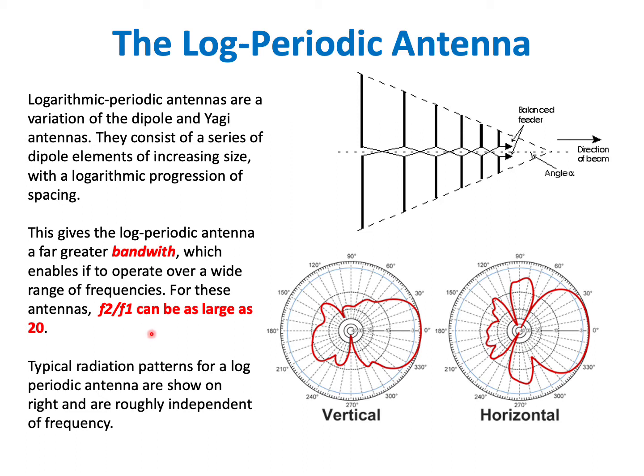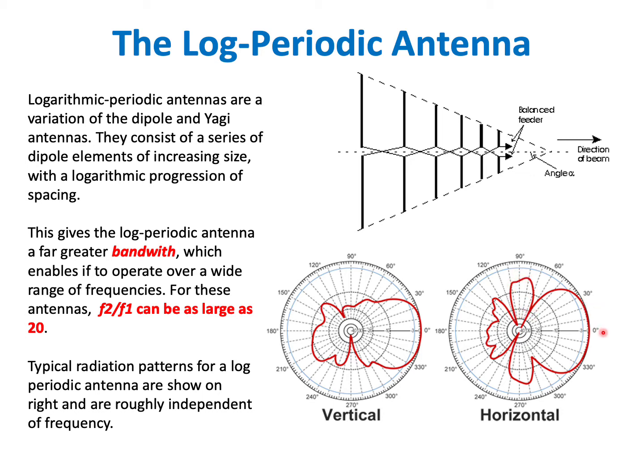So, okay, we should just use these, right? Well, the problem with the design here is that the beam, the power pattern, the radiation pattern is not very nice. You can see it's not very symmetrical. The main lobe is very large, and also the side lobes are very large.